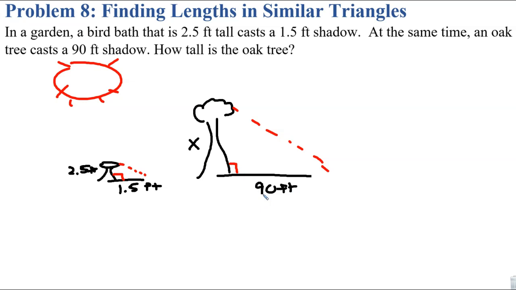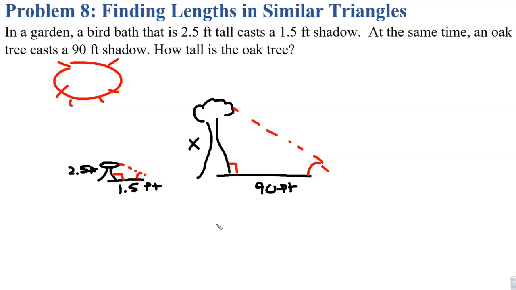And the trick is as long as you make these measurements at the same time of day and in the same location, the angle of elevation to the sun will be congruent for both of these triangles. So we have our two triangles with two sets of angles congruent. So by angle-angle similarity, I know that these triangles are similar to each other. Therefore, their sides are proportional. We can set up proportions to solve for this missing height x.